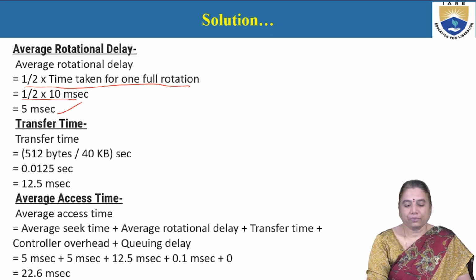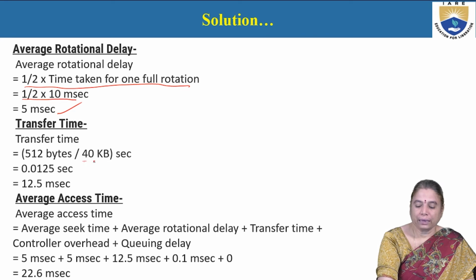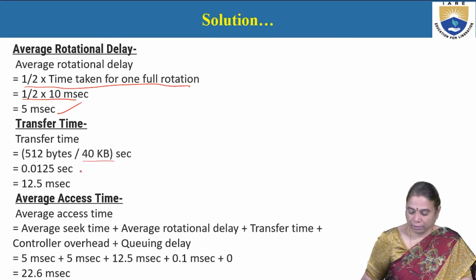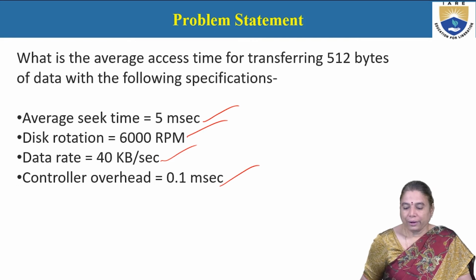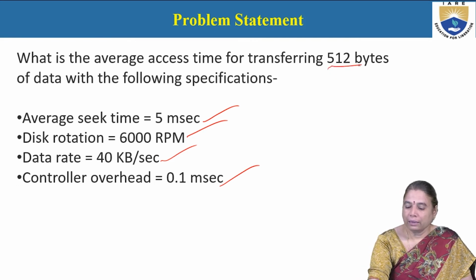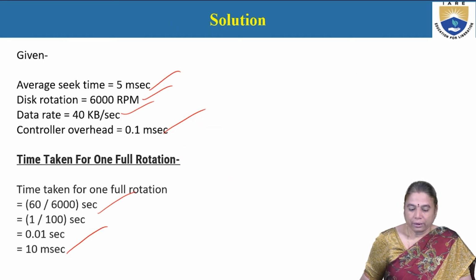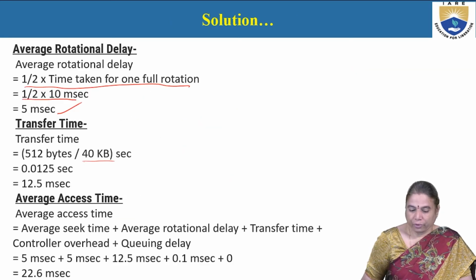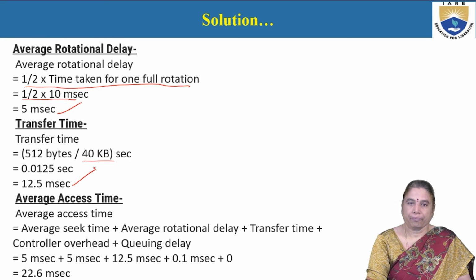Next, what is the transfer time? It is 512 bytes by 40 kb, the time for transferring 512 bytes of disk data, so it can be 12.5 milliseconds.